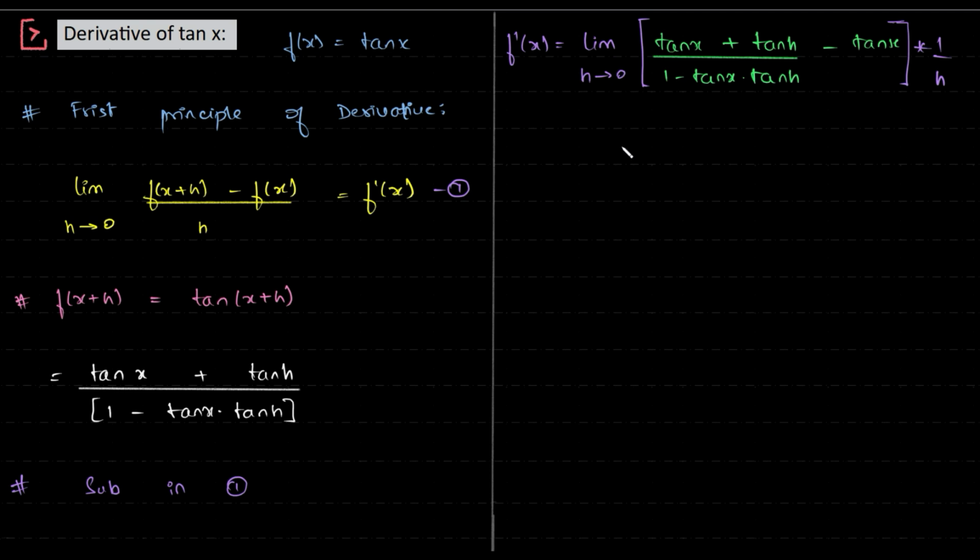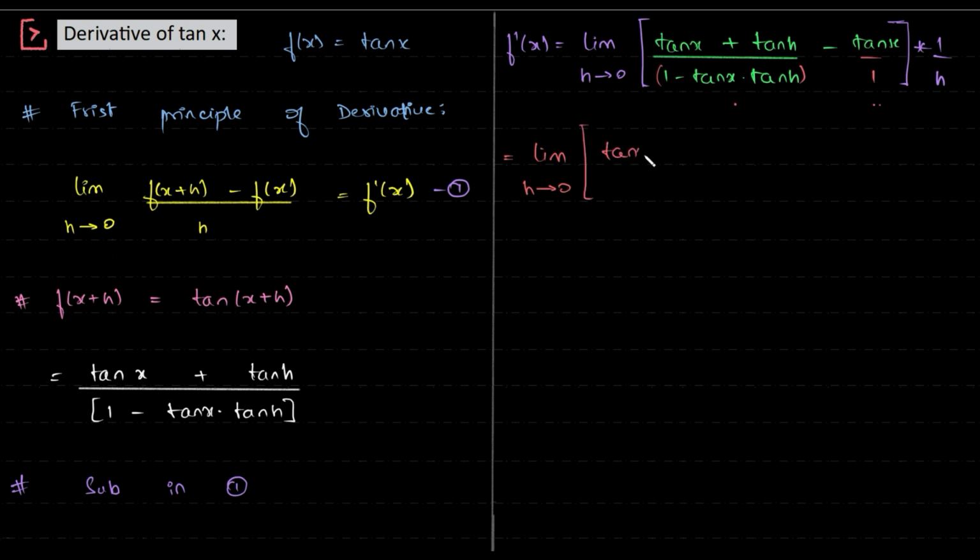Now, further, what can we do? Here I have two fractions, the first and the second. So I can add them by taking the LCM, and the LCM clearly is this particular expression. So basically I have to multiply and divide with this particular expression. Doing that and writing the answer will look like this.